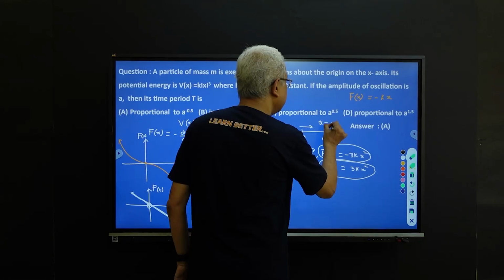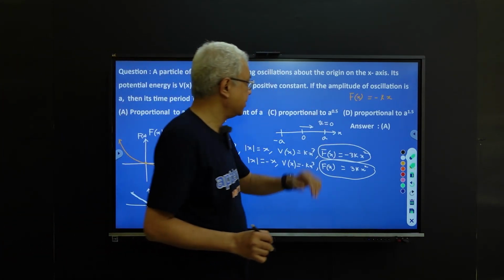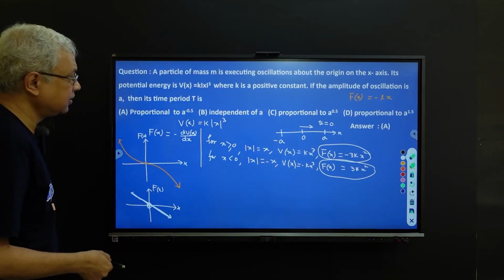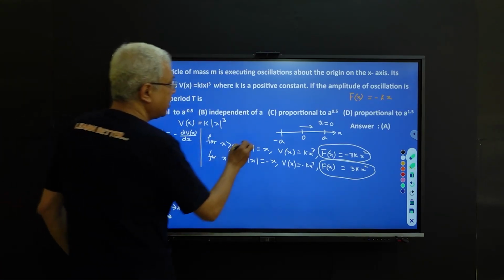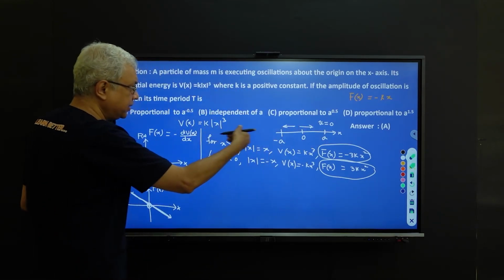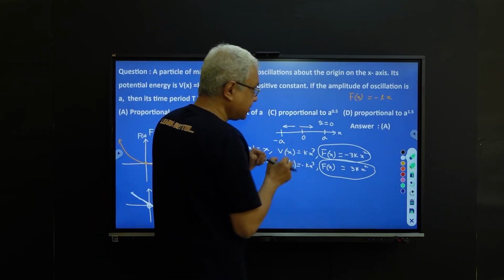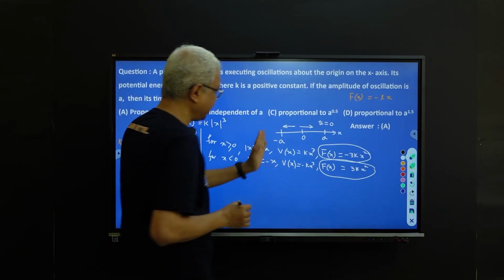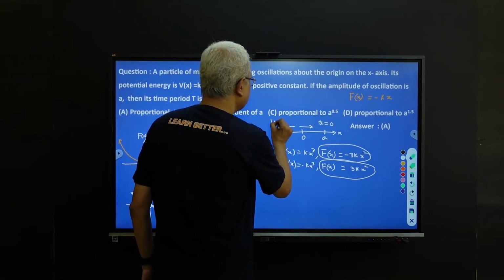So its velocity becomes 0 when the particle reaches the point A. Similarly, when the particle moves along negative x direction, then the force is acting in the positive direction. When the particle is approaching along negative x-axis, there is a force towards the center. As a result, it gets retarded, and after reaching the extreme point minus A, again its velocity becomes 0.